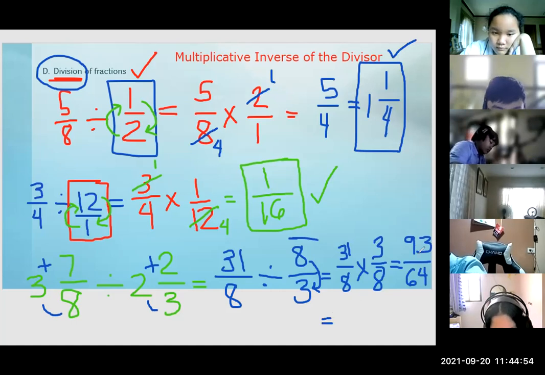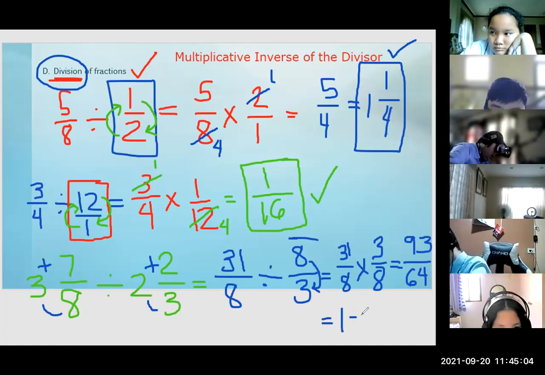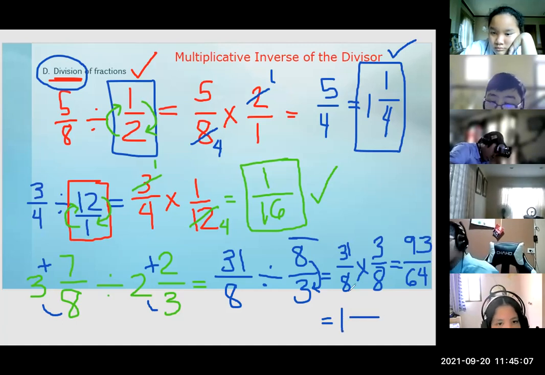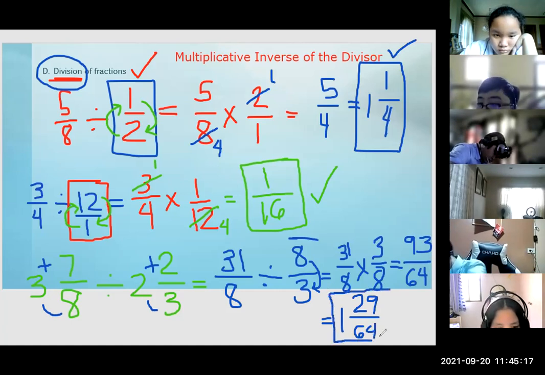Equals. So, only 1. There is only 1 whole in 64 of our 93. Right? 1 only, 1. And then, subtract. 93 minus 64 is 29. Copy denominator, 64. It can no longer be reduced. Therefore, 1 and 29 over 64 is the final answer.